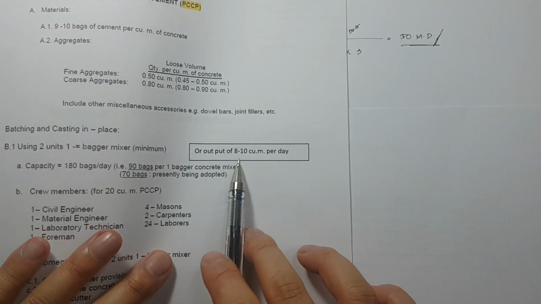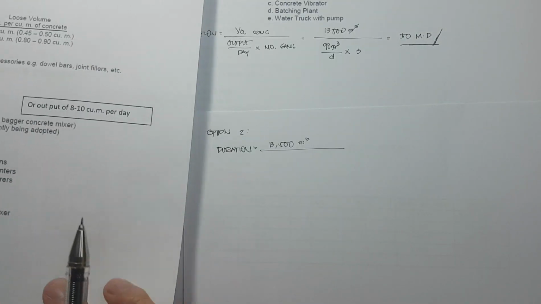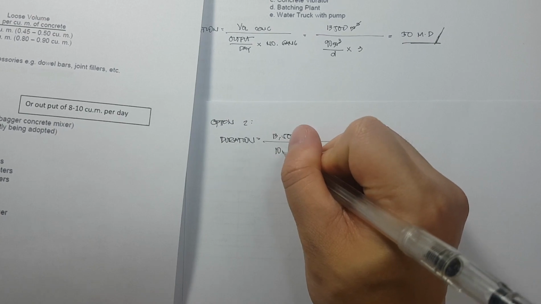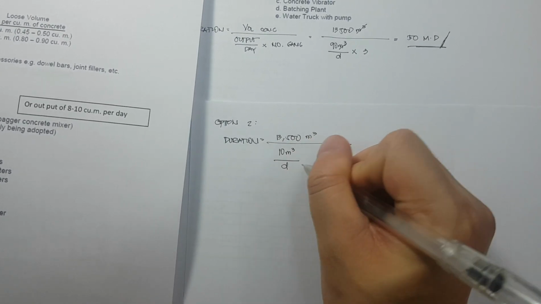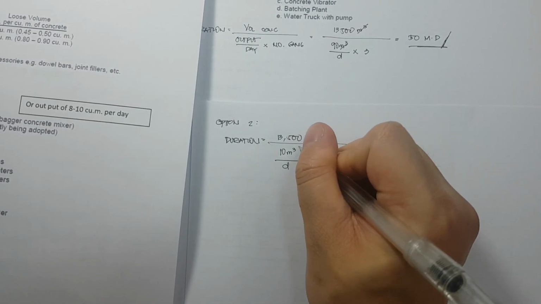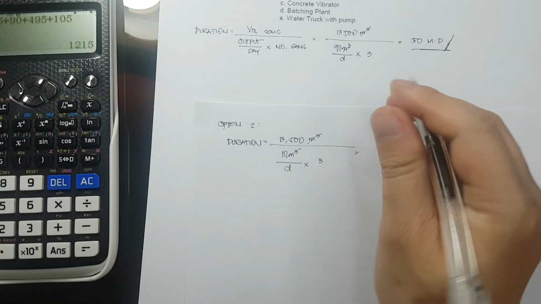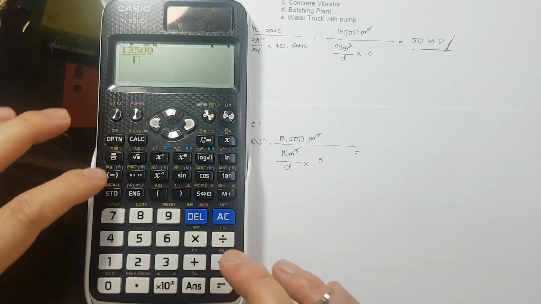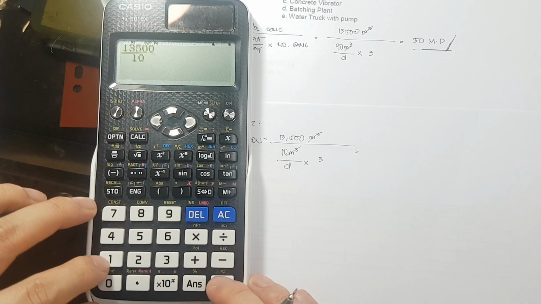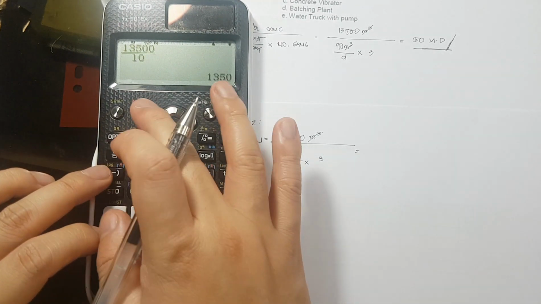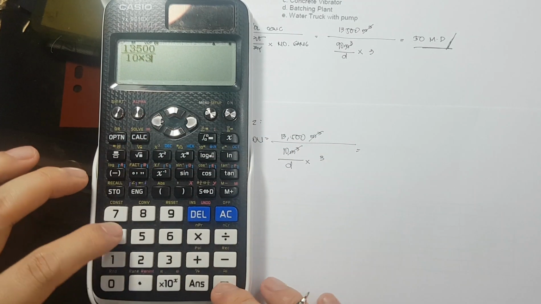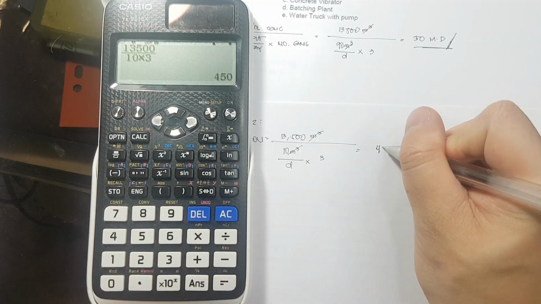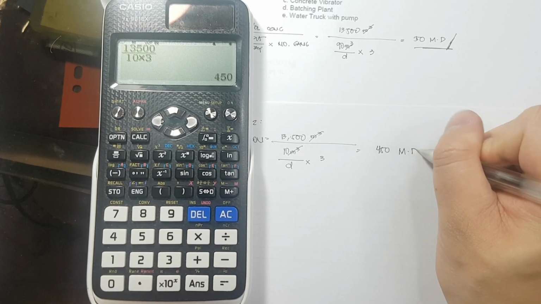Let's say 8 to 10, so let's use 10 cubic meters per day. How many gangs? We have 3 gangs. So cubic meter will cancel out, and that gives us 13,500 divided by 10 times 3. So that is roughly 450 man-days.